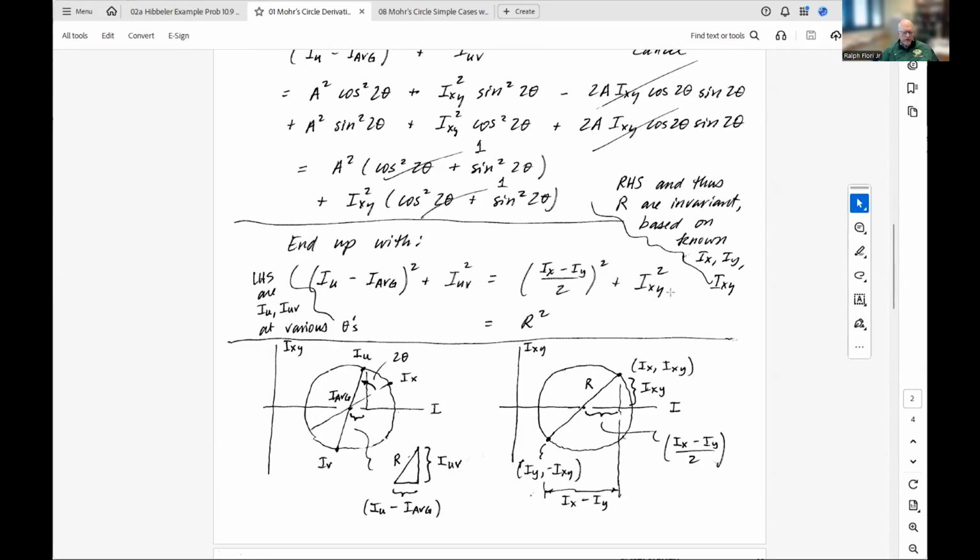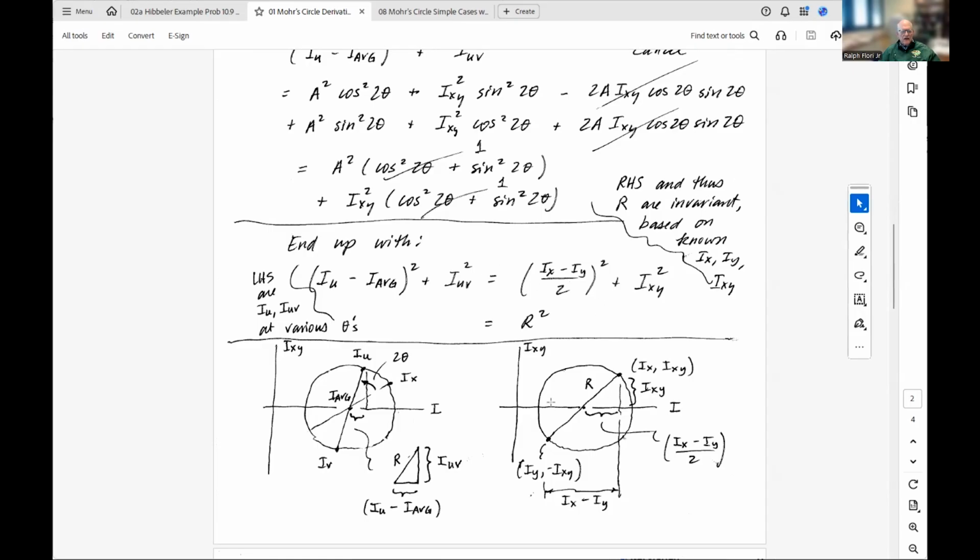So think about this for a moment. The right-hand side is in terms of IX, IY, and IXY. So these guys were given at the beginning of my problem, so they're not changing. These are constants. And if you look at this, this looks like the Pythagorean theorem.